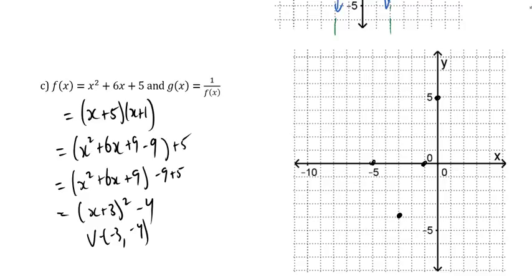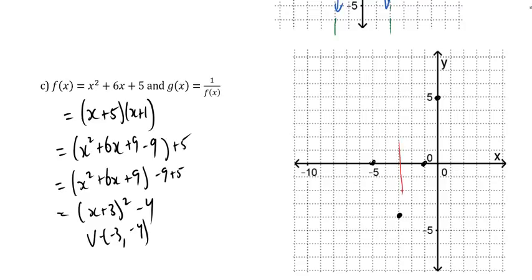Can anybody think of another way I could have found the vertex? Cal? Nice. And how would I find that? You add -5 and -1, and then you divide by 2. Yeah, very good. So it's right in between my two zeros. If I'm looking at that on the graph, that's easy to see.